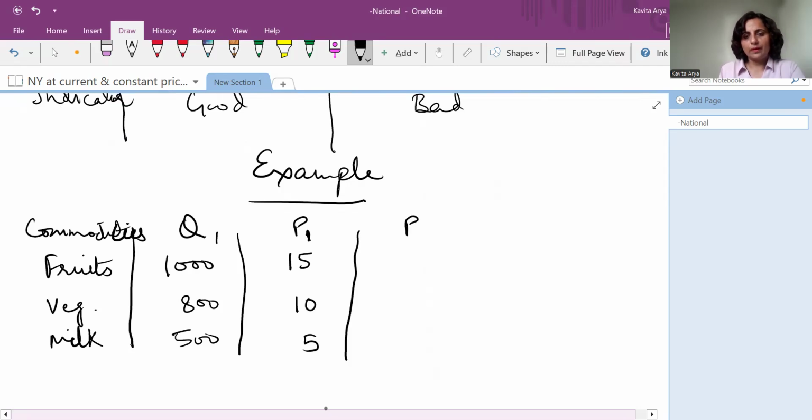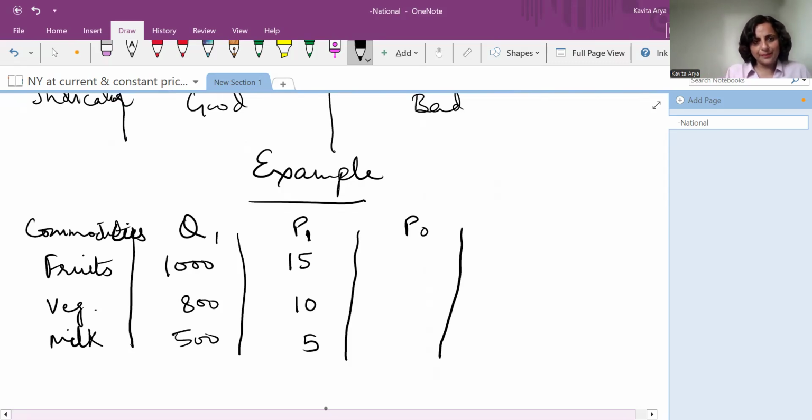So the next column is the P naught. P naught means the price of the base year. The prices in the base year, as your experience would also say, had always been, in India at least, lesser than today's prices, because inflation is a general phenomenon and deflation happens less often.